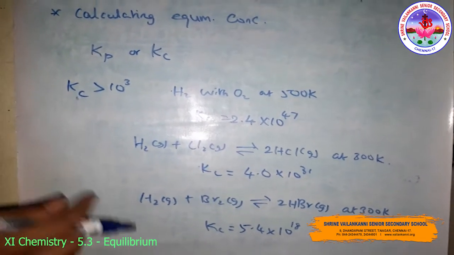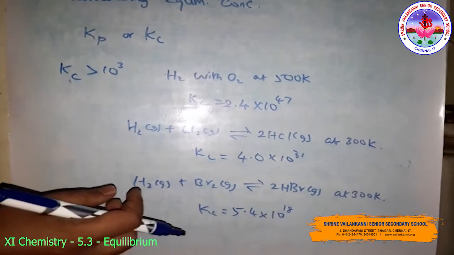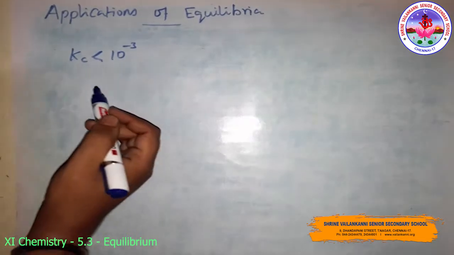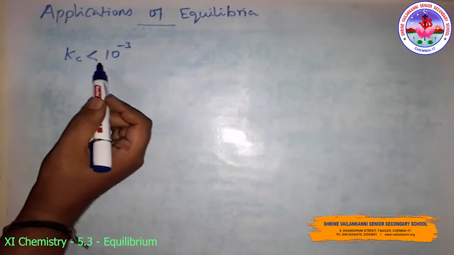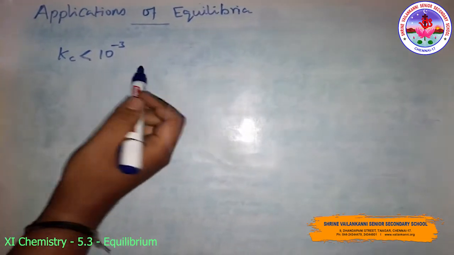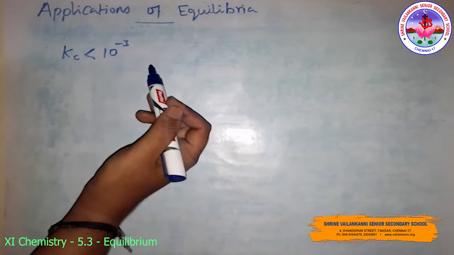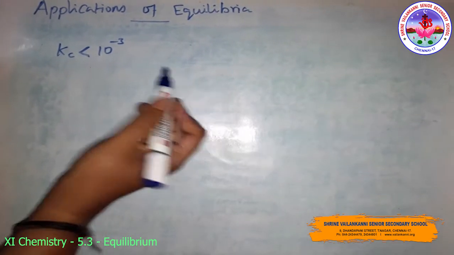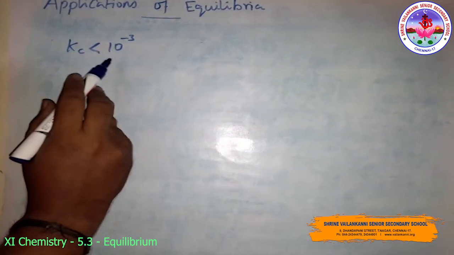If Kc is less than 10^-3, the reactant predominates over the product. That is, Kc is very small. The first case, Kc is very large; in the second case, Kc is very small.